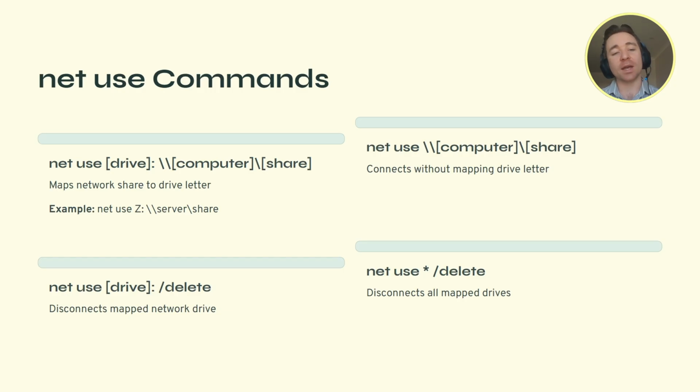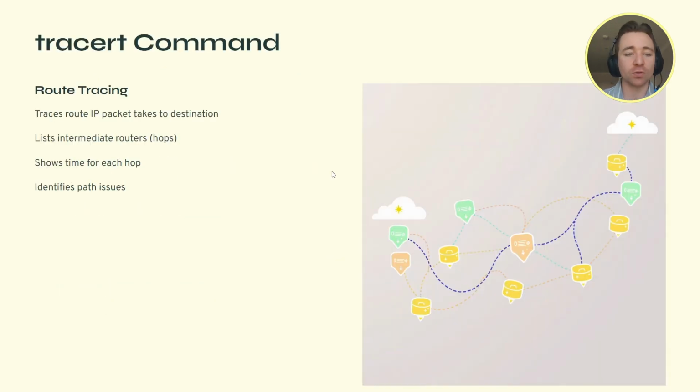All right, so just know netuse is used to map a network share to a drive letter on your computer, or it is used to access a network share. You can do it temporarily as well, okay? And you can get an idea of what that command might look like here. Largely, that is what you need to know about netuse though.